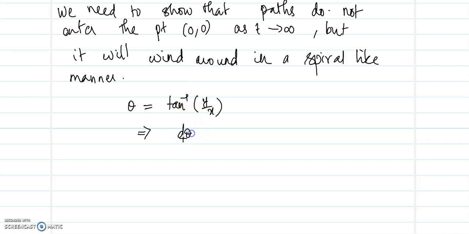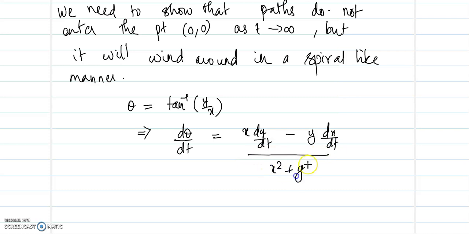So we will be getting this differential equation. d theta by dt will be equal to (x dy by dt minus y dx by dt) by (x square plus y square). Now we know the values of dx by dt and dy by dt from the autonomous system.